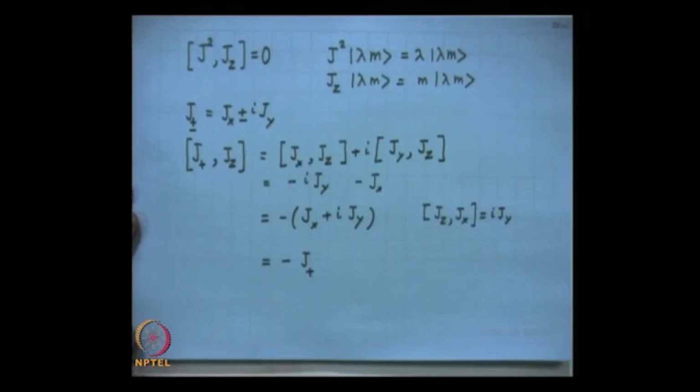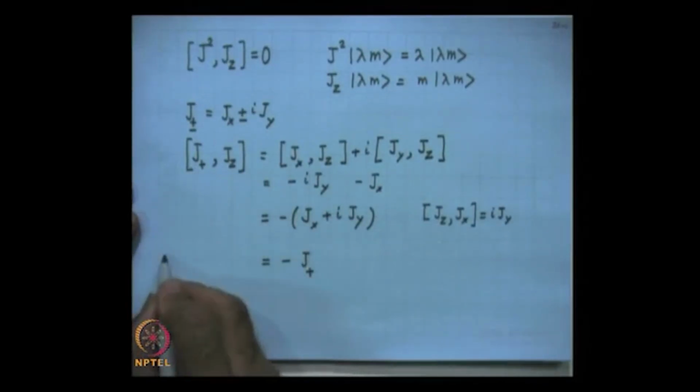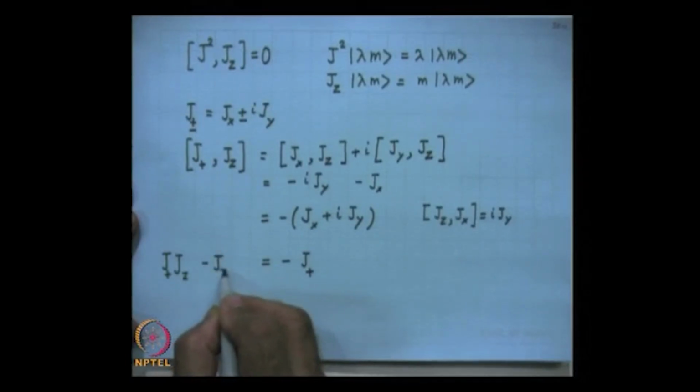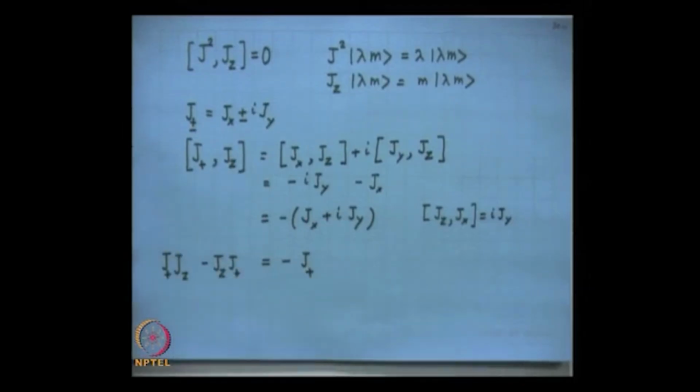I hope I have done it correctly. So, the left hand side is J plus J z minus J z J plus is equal to so much.